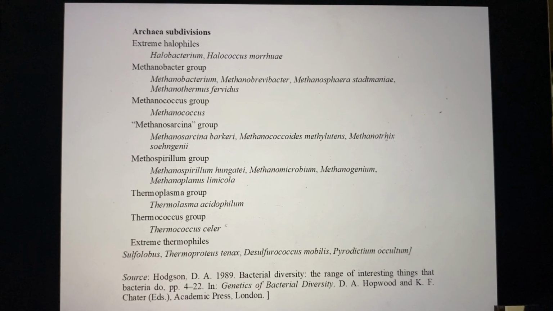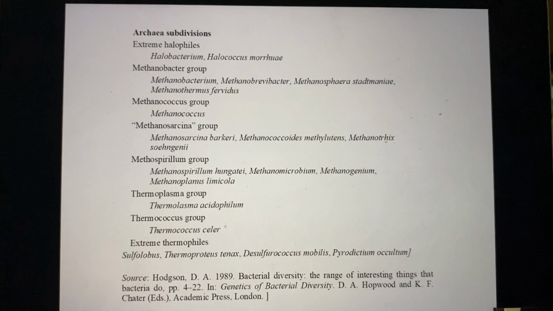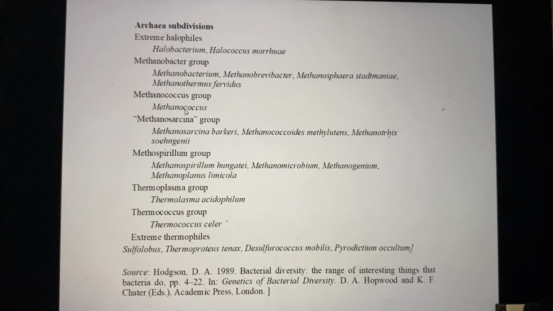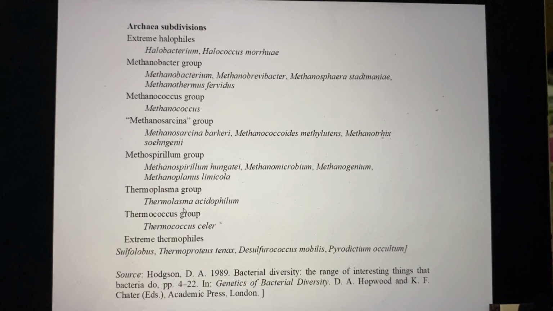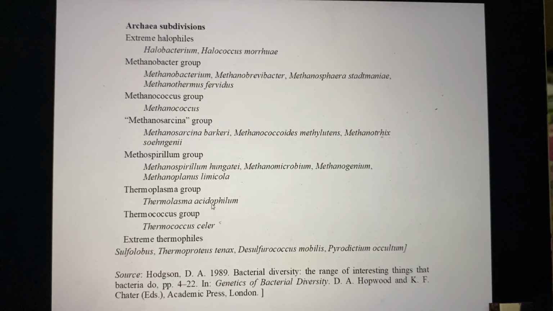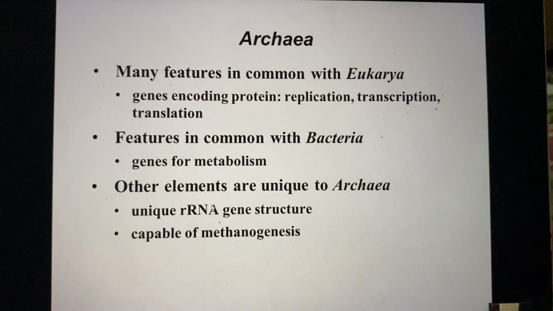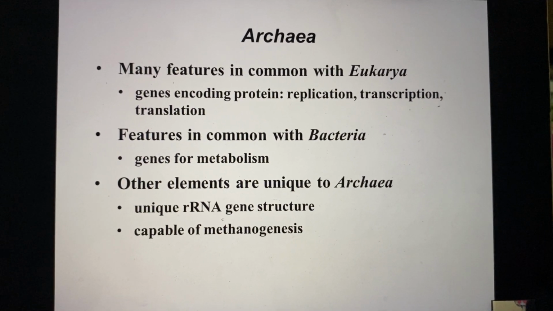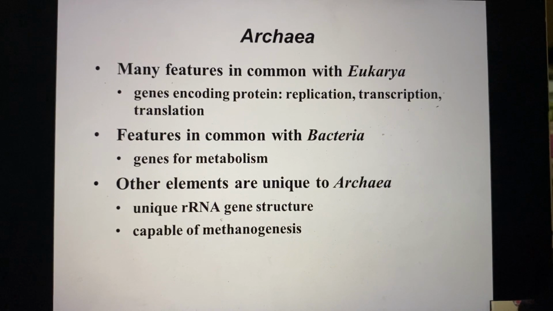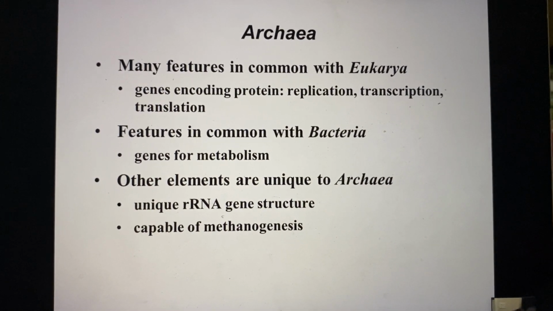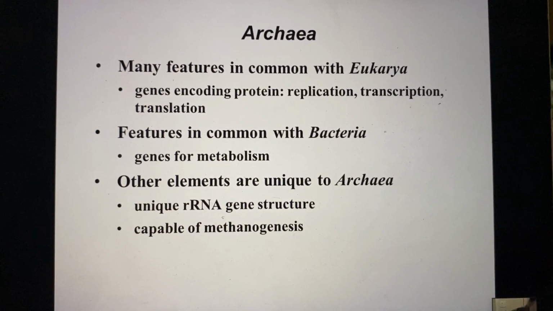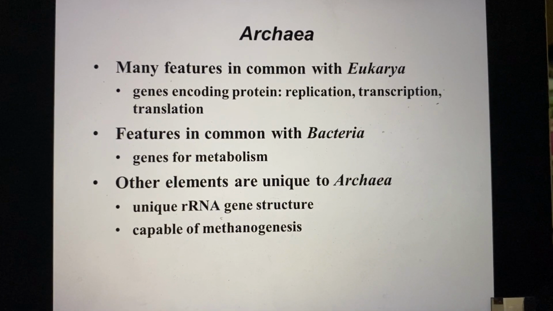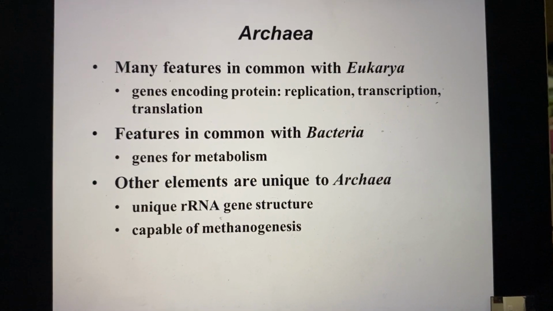And here are some of the subdivisions of the archaea. We will refer to some of them, especially the Halobacterium, the Methanococcus, and all the others that we will look at, Thermoplasma, and so on. Okay, so we'll just deal with the archaea really quickly and put some pointers for you to say how different they are. So as such, archaea have many features in common with the eukarya, especially their gene-encoded proteins.